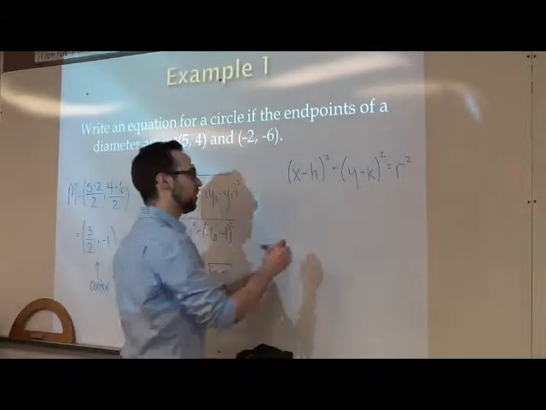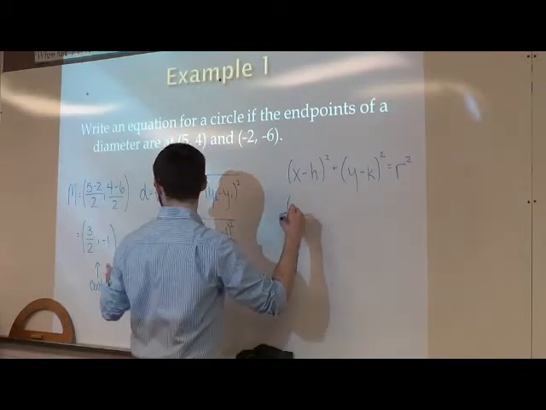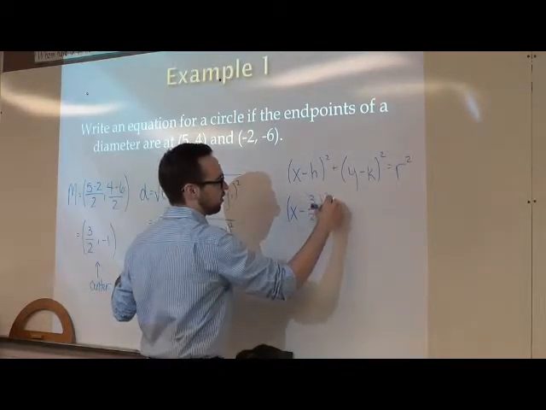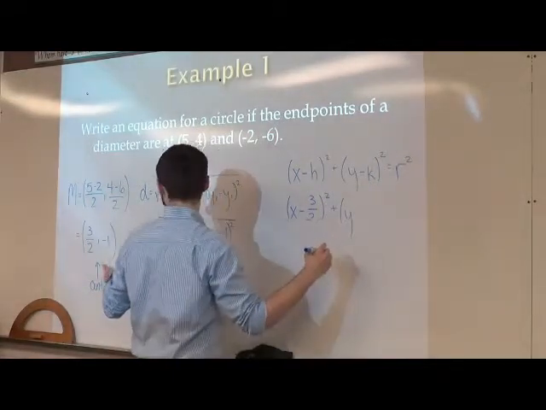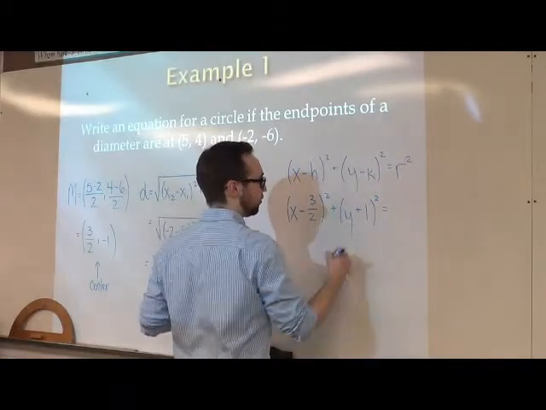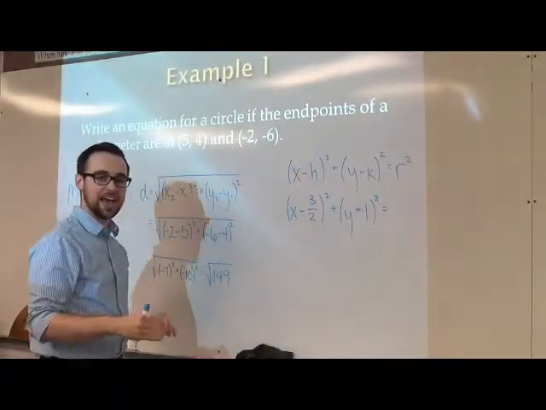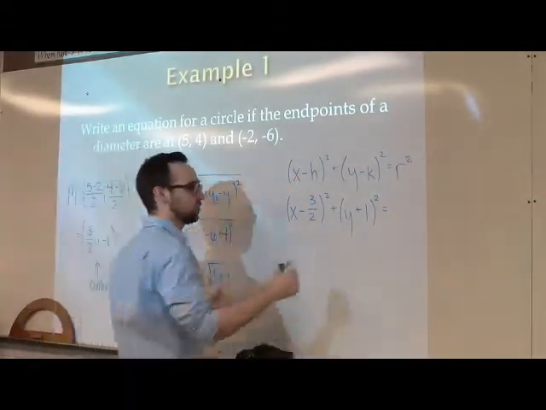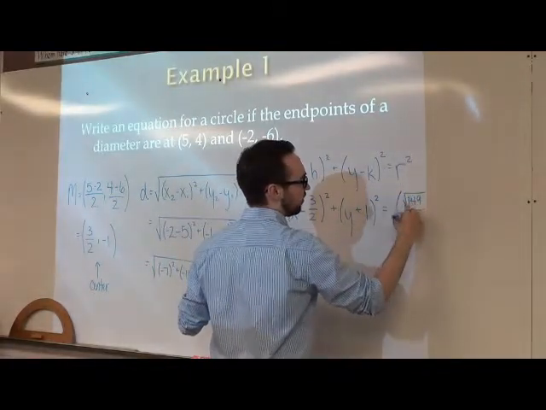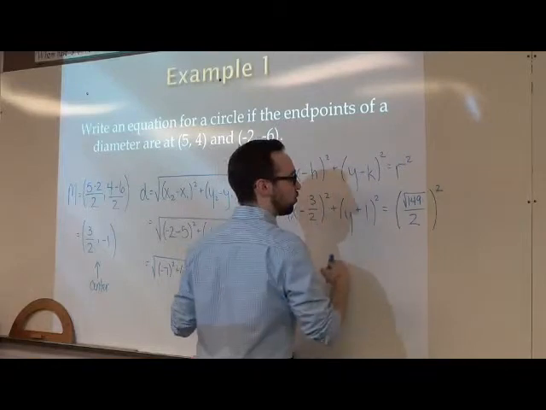So over here, into my equation, I have x minus 3 halves, because that's our center, plus y, it's minus a negative 1, so y plus 1 squared is equal to, now the radius is half the diameter, so it's really just this over 2. So it's the square root of 149 divided by 2 squared.